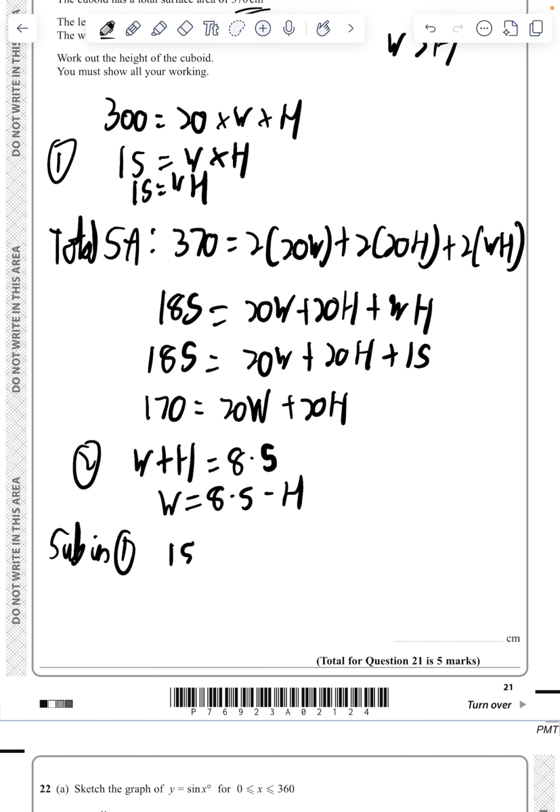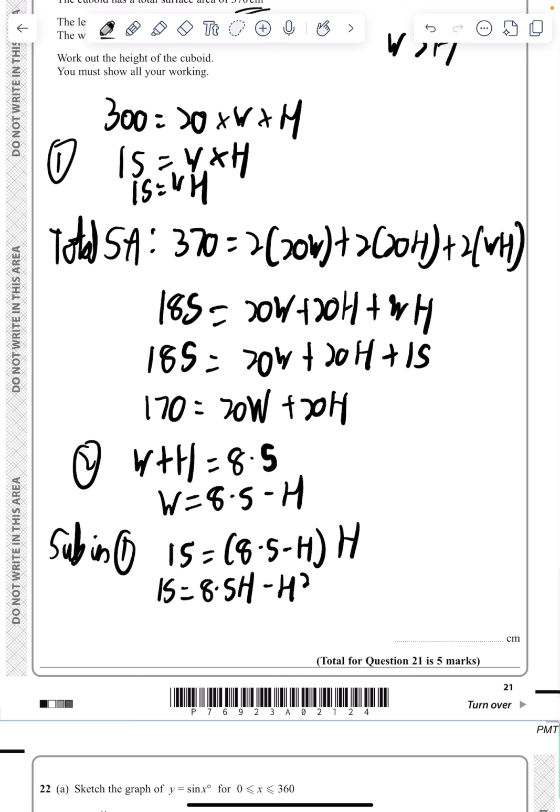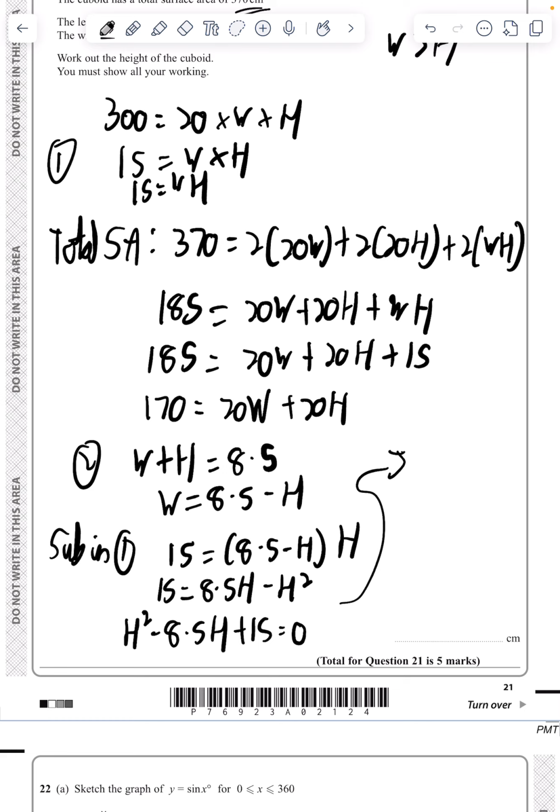So 15 equals W H. Bring it to the other side. Then you have to solve this.